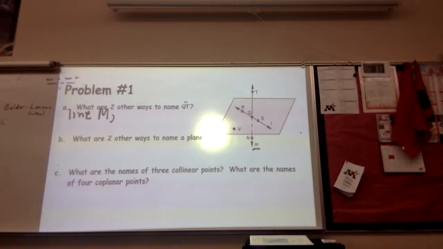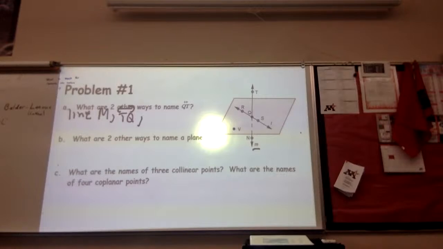Any other ways that we can label it? TQ, yeah. Okay, another one you could do, you could have used that endpoint, and you could have done NT, NQ. There's a bunch of different ways you can go with this answer. So that's one. Number 1 or 1A is done.